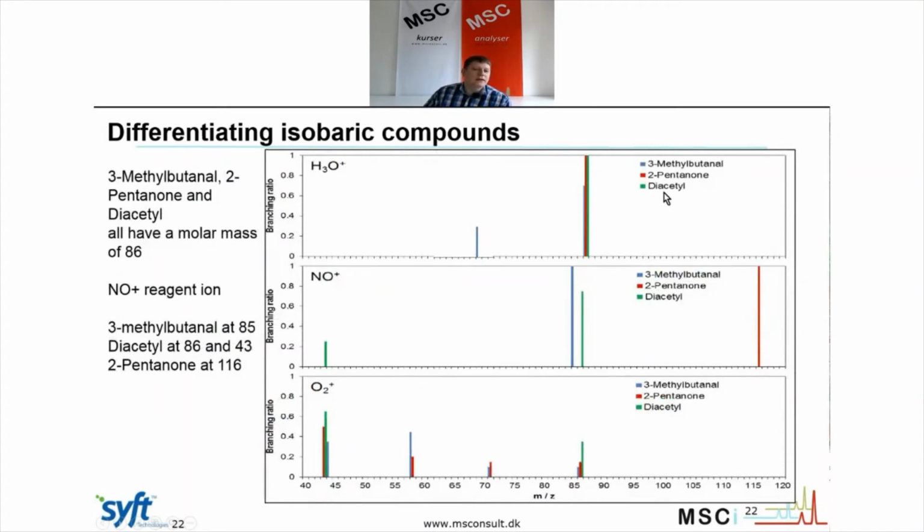Another example, when we have three compounds: 3-methylbutanol, 2-pentanone, and diacetyl. They all have a molar mass of 86. So if we just had a normal single quad MS, we would find them all at the same mass.